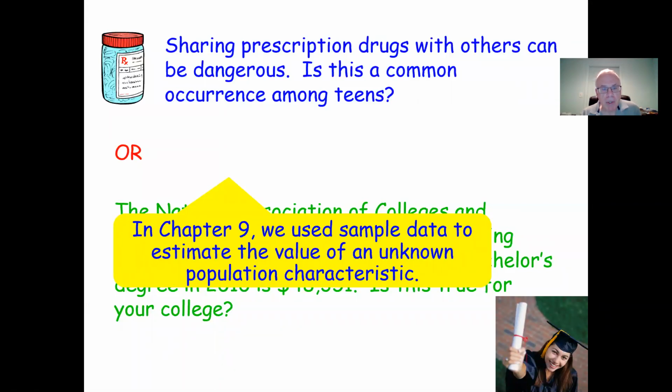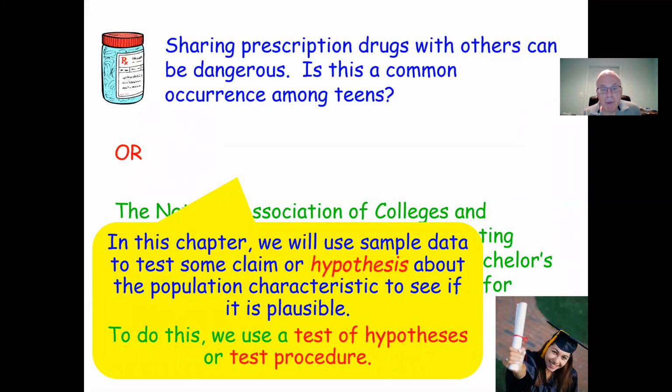Now in chapter 9, it says here we use the sample data to estimate the value of an unknown population characteristic. That is, we used a confidence interval to estimate a population parameter like a population proportion or a population mean. In this chapter, we're going to be using sample data to test a claim or hypothesis about the population characteristic.